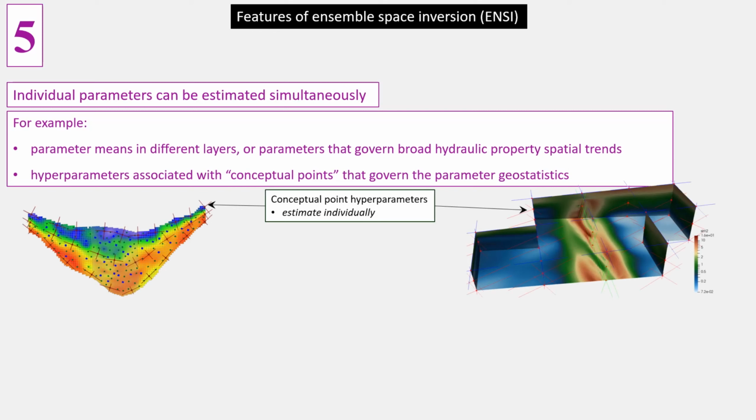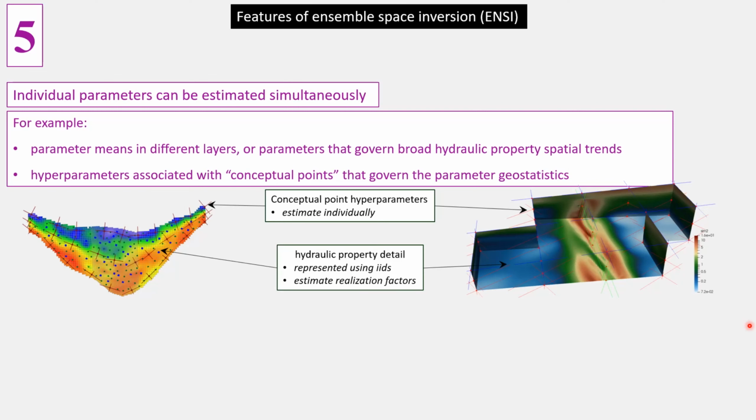if you see some of the other videos in this series, if we're using conceptual points where we define parameters, so-called hyperparameters, which govern the geostatistics of our real parameters, for example, the range, the correlation length of a variogram, we can estimate those at the same time as we estimate parameters which determine where heterogeneity will be introduced to a model domain.